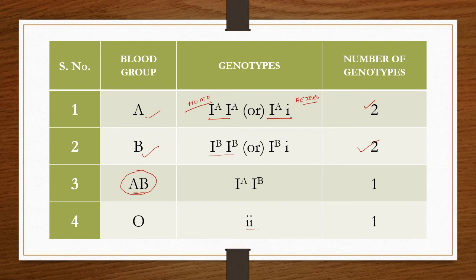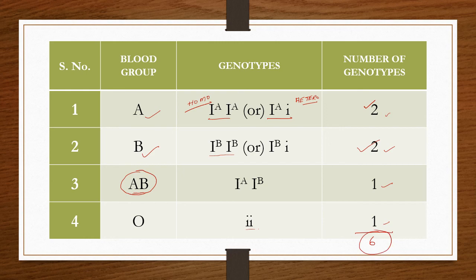So there are four blood groups: A, B, AB, and O. Four blood groups, but the number of genotypes, the genetic representation of these four blood groups, is two for A blood group, two for B blood group, one for AB, one for O. So a total of six genotypes can be observed for the four phenotypic blood groups.